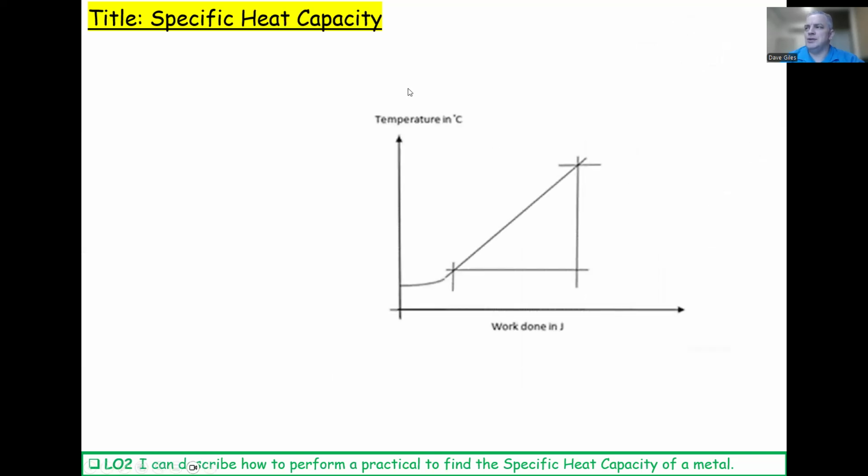If you then plot temperature against work done or energy here, you can get a gradient. And if you do 1 divided by the gradient times the mass, that will give you the specific heat capacity of the block. It should be a straight line apart from the very beginning where you get a little bit of a curve whilst the heat is transferred throughout the metal block.